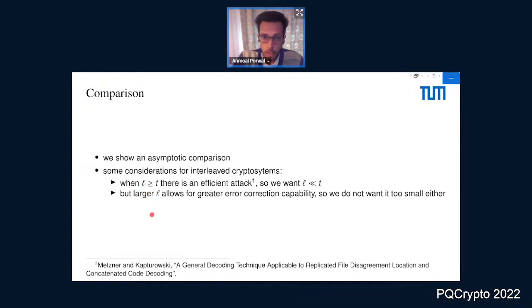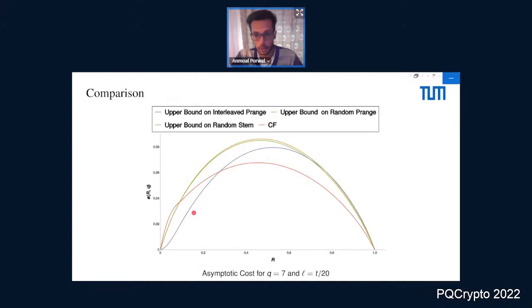You generally don't want L to be very large, or in particular, it should be smaller than T, because it turns out that there is an efficient attack on interleaved cryptosystems if L is at least T. But you also don't want L to be very, very small, because doing interleaving is what gets you a better error correction capability. So it shouldn't be too small either, and there needs to be a bit of a balance. Okay, so now the plots.